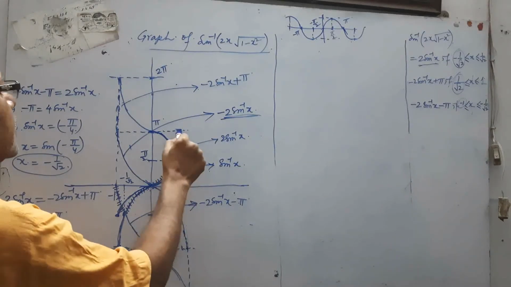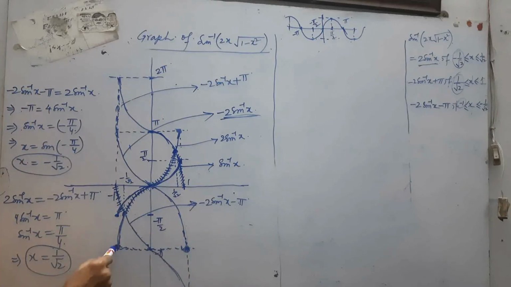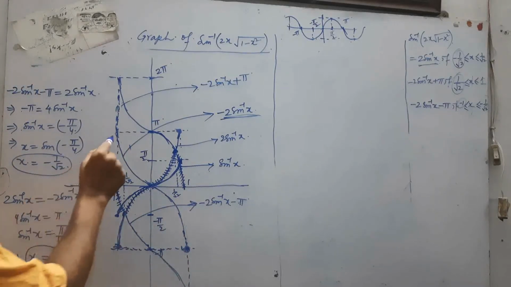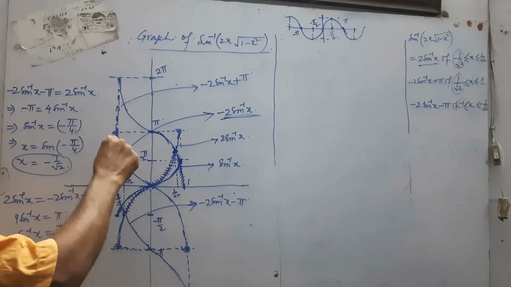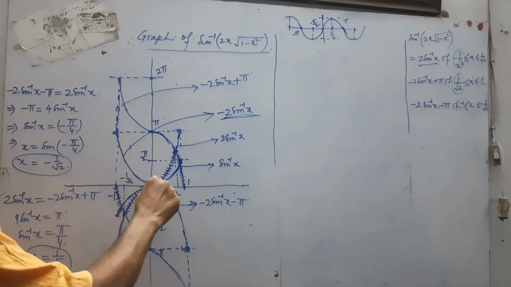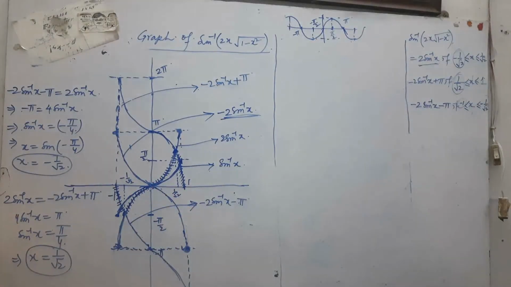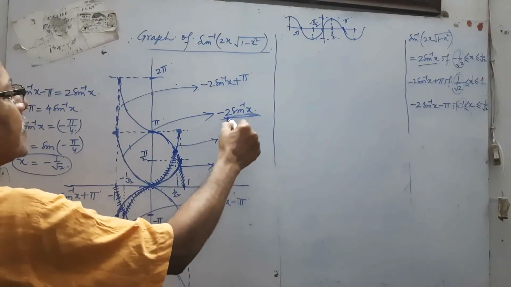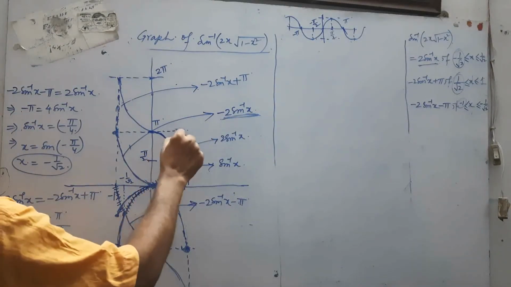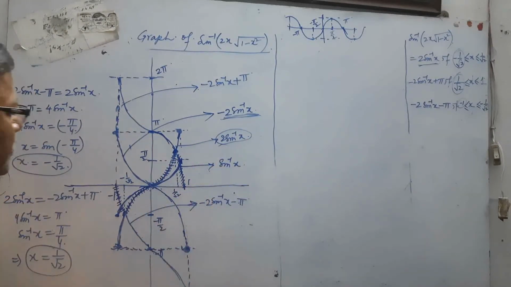No, sorry, this point will be reflected over here, and this point will be reflected at this point. So finally this curve is representing minus of 2 sin inverse x. I hope you all are getting the point. So this one I have written minus 2 sin inverse x, and this one is 2 sin inverse x, which is what I have written over here.